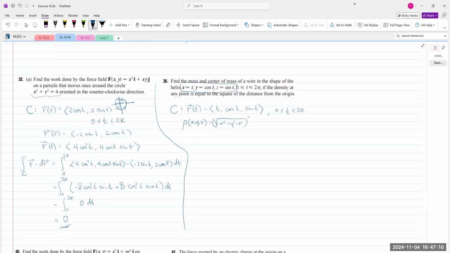You square this, so this is x squared plus y squared plus z squared. Now, if we parameterize that by t, that will be t squared plus cosine squared t plus sine squared t, which is equal to t squared plus 1.